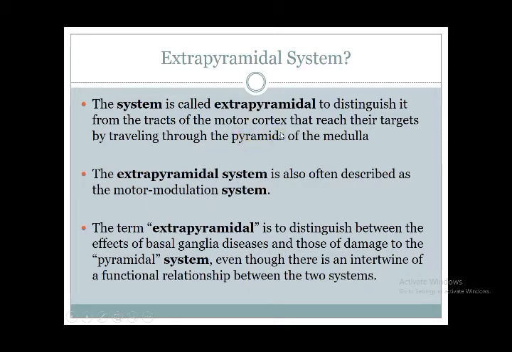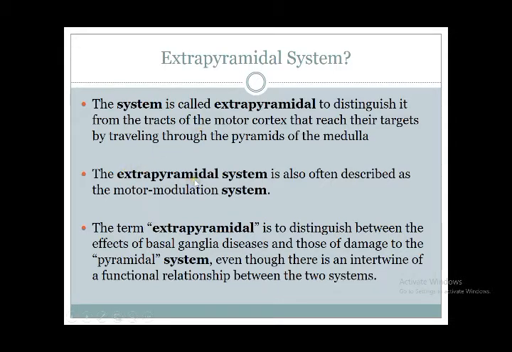This pyramid is formed by these directly controlling motor fibers to spinal neurons called corticospinal tracts. To distinguish from these tracts, the extrapyramidal system or extrapyramidal neuroaxis is used, specifically distinguished from the descending corticospinal tracts and their pyramidal connections.